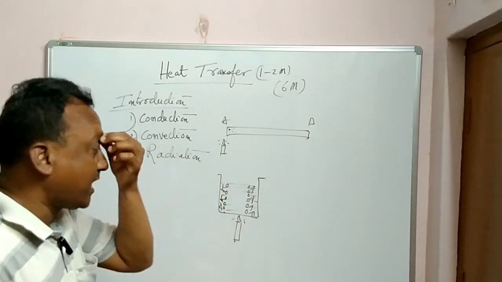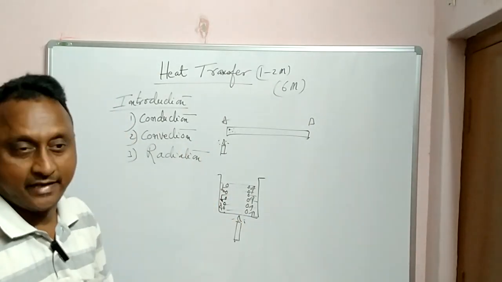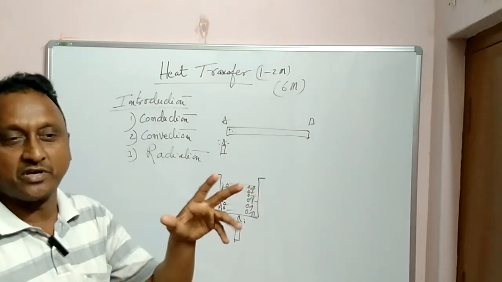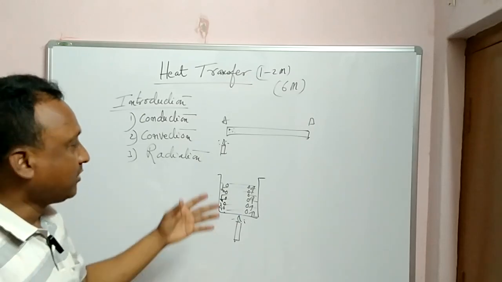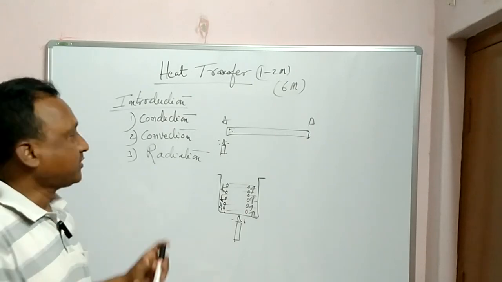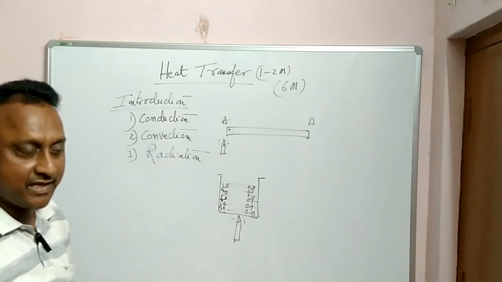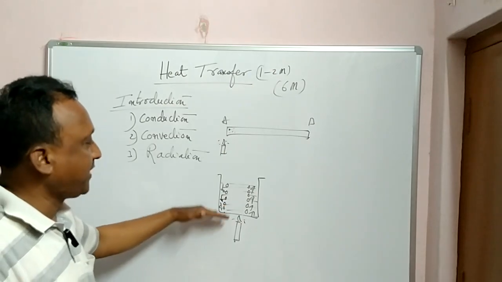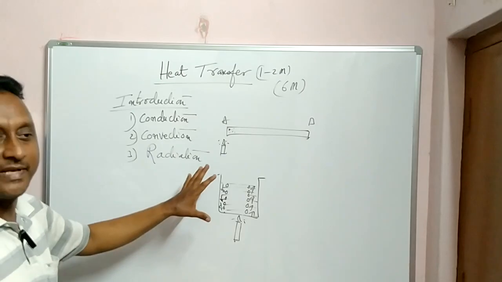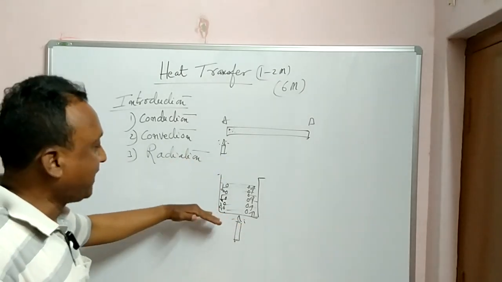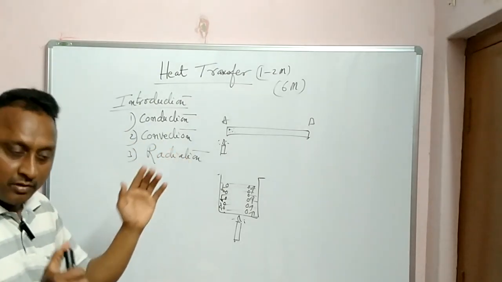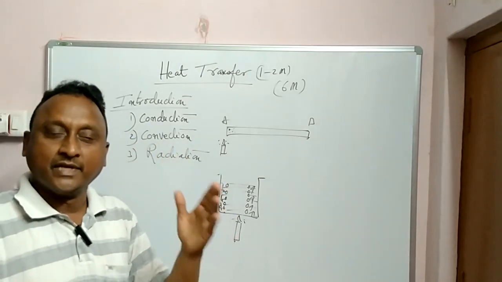In this fashion, you can also see hot air in rooms. In bathrooms, exhaust fans are kept, so the hot air is exhausted by using the exhaust fans. So during convection, heat can be transferred from one place to another. That is the method of convection. The main point is that the density becomes less.